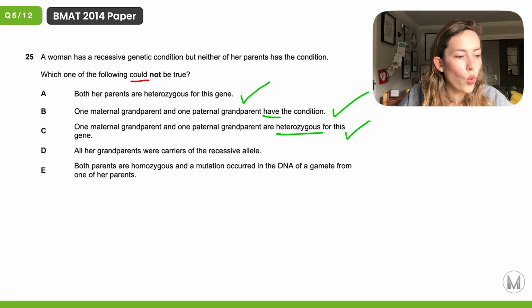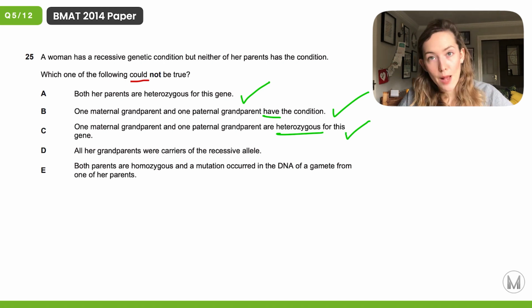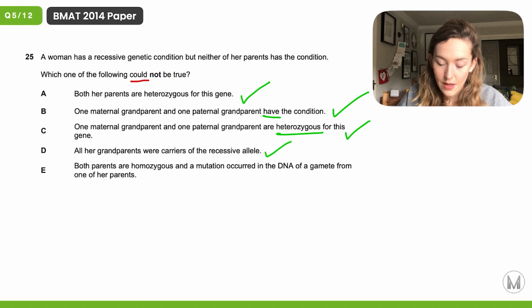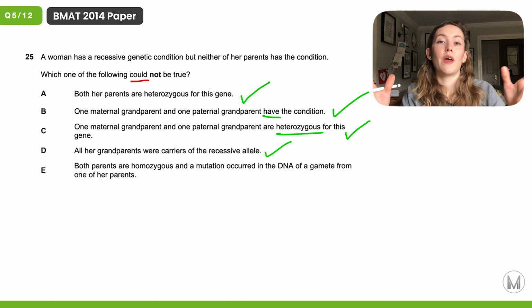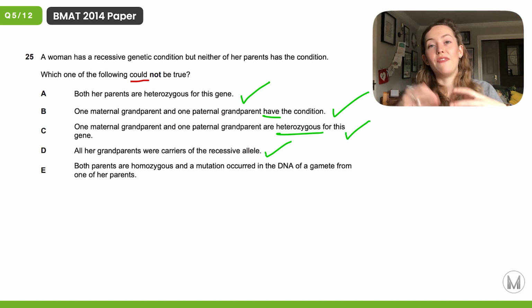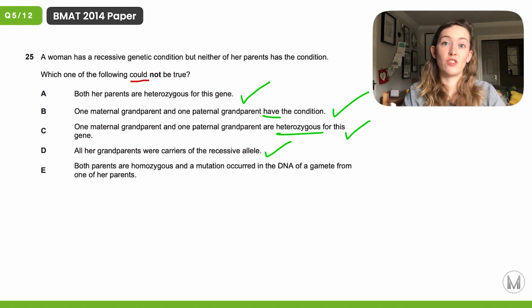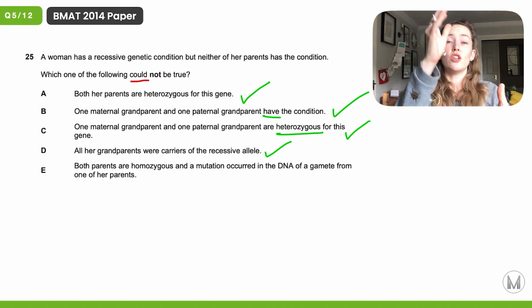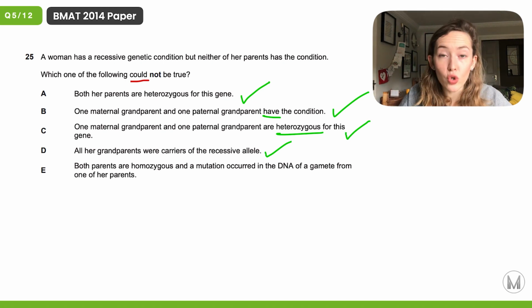Statement D: all her grandparents were carriers of the recessive allele. Again, that could absolutely be the case. They could be carriers of the recessive allele, breeding, passing that on, and their children may not have the condition, but they could also be carriers. So we're just thinking about the fact that that recessive gene could still be carried down. So that could be true.